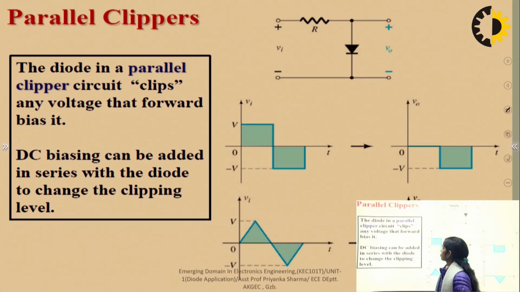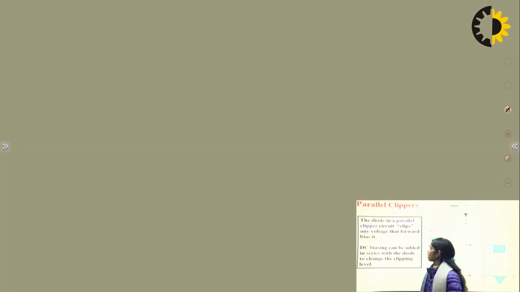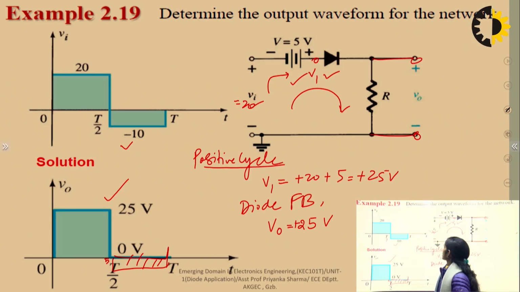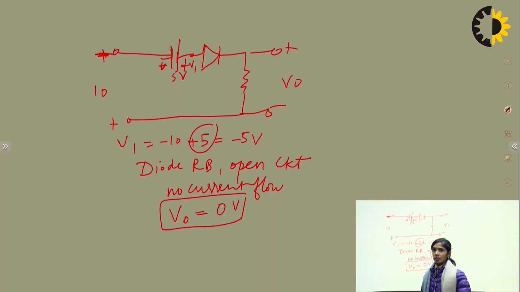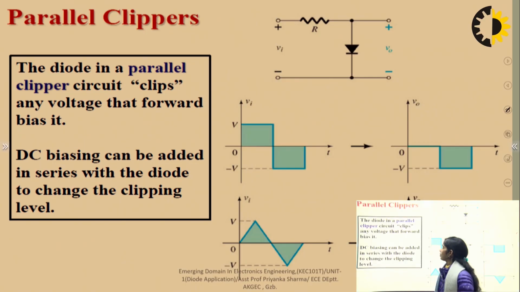Now next we are going to study the parallel clipper. In the series clipper, we had seen the diode connected in series with the battery. Now in the parallel clipper, we take the output across the diode itself. So we can take the output across the diode, and it is called a parallel clipper.